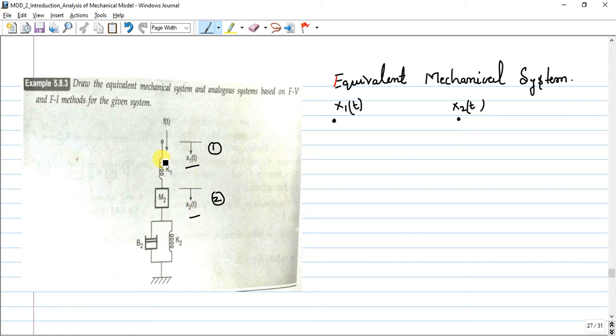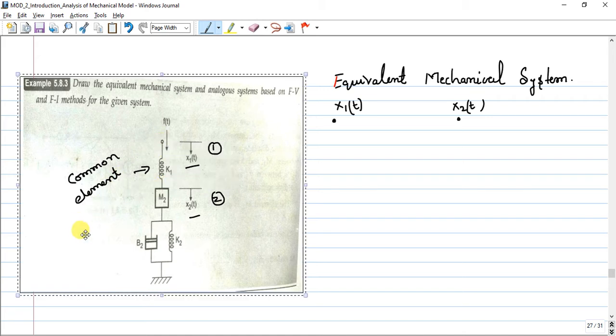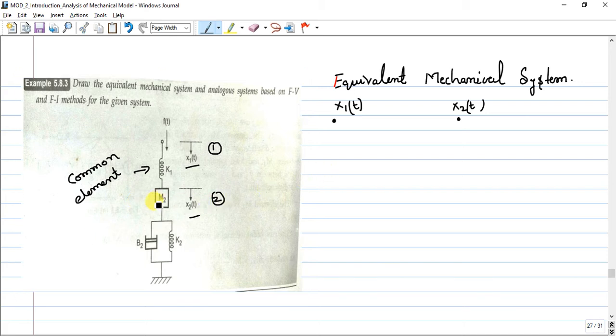So this K1 will act as a common element between node 1 and here. So no element is undergoing x1 purely, okay? No mechanical element having a displacement of x1 only.